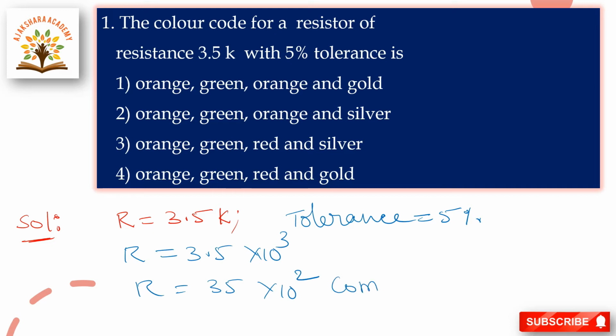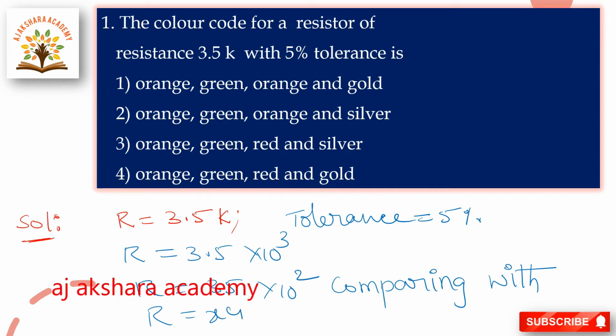Comparing with R is equals to xy into 10 to the power of z, here x is equals to 3 and y is equals to 5, z is equals to 2.